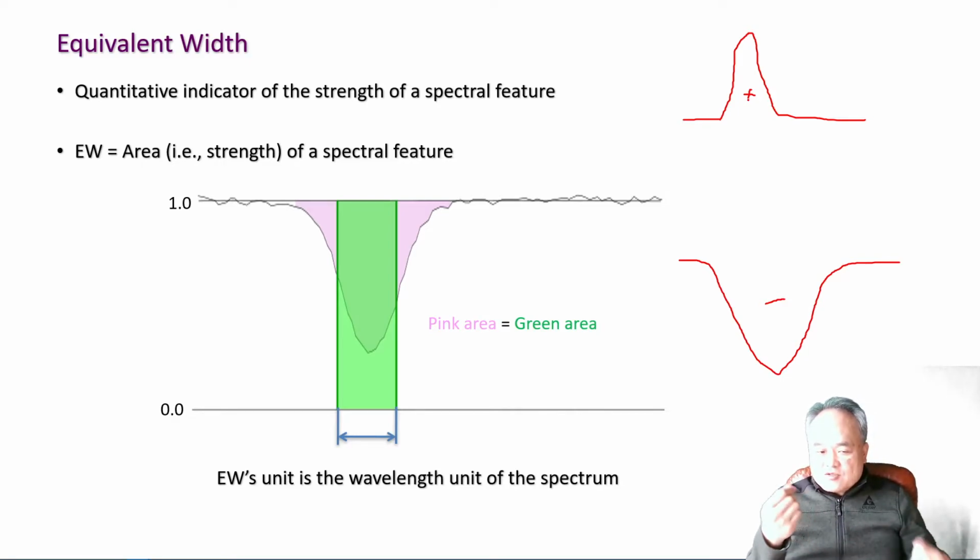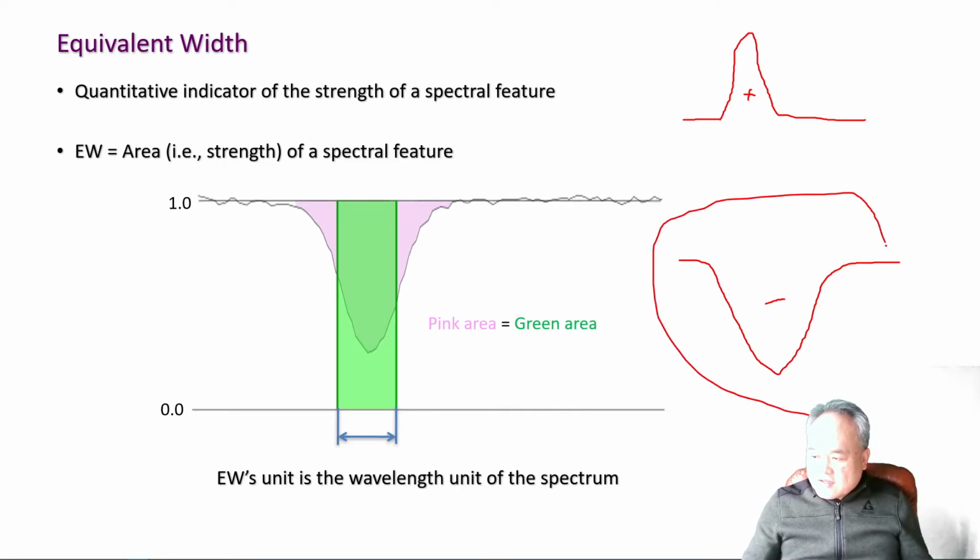As long as you are consistent and specify exactly what convention you're following, you can use the sign of the equivalent width as the indicator of whether it is an absorption or emission feature. But for our class, let's just use this convention: negative.